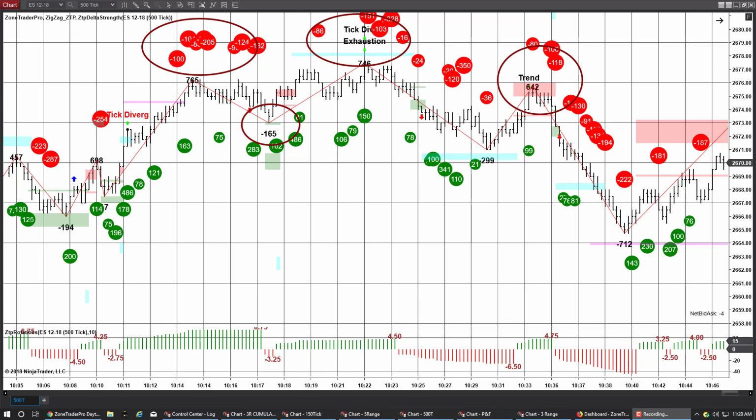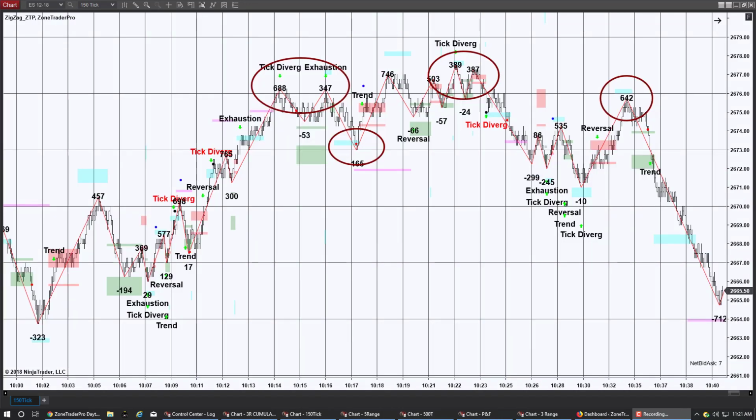I needed a price pattern on my 500 tick chart, which I have in front of me right now. I needed to verify that there were not any high risk areas of concern on that 500 tick chart. I then wanted to check the 150 tick chart to identify any areas of concern for a high risk trade.